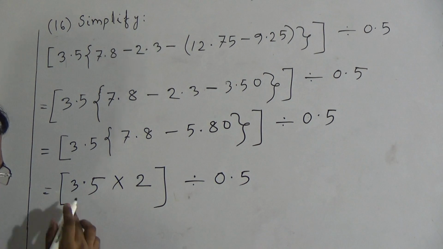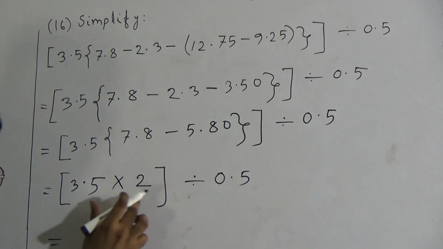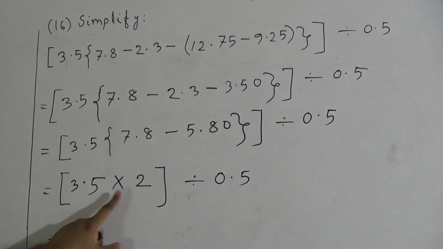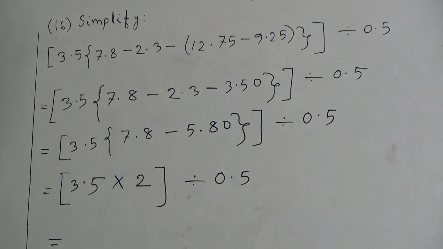This is equal to, at first we'll do the work of the third bracket. Here, if we multiply 3.5 by 2, then without considering the decimal sign, 35 multiplication 2 is equal to 70. Now we will give the decimal sign.